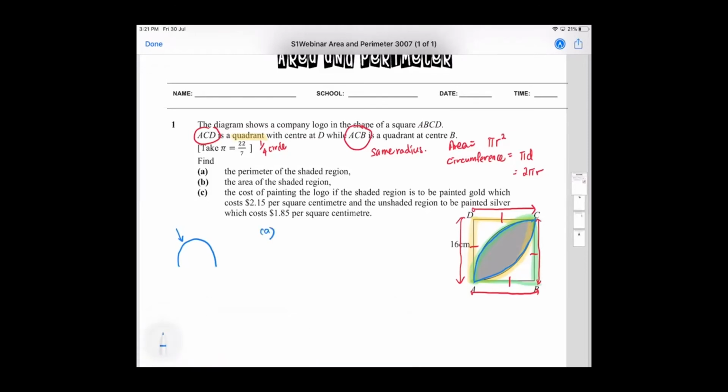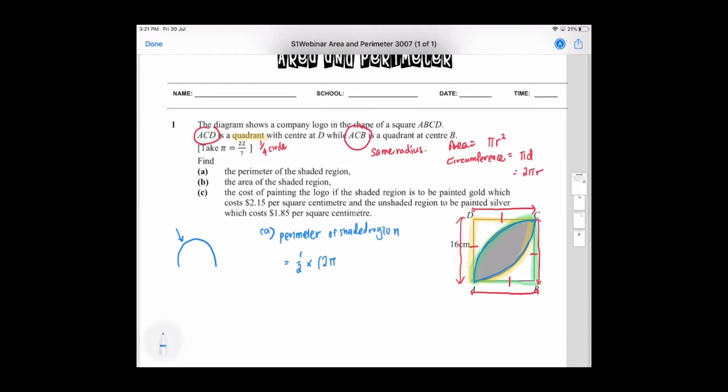So the perimeter of the shaded region, instead of taking 2 times 1/4 times 2 pi r, we just combine into one semicircle, which is half of the whole circle, 2 pi r.